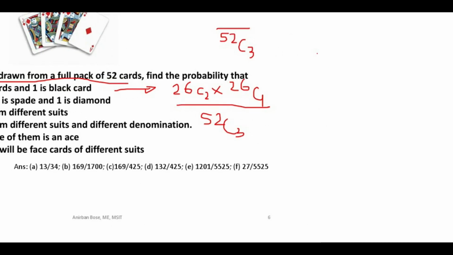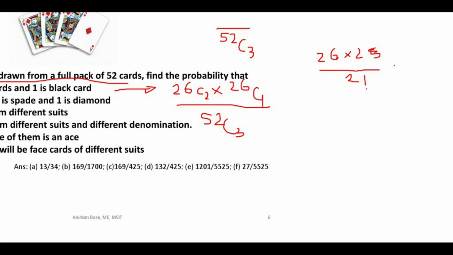Just remember that when 26C2 is written, we write 2 terms starting from 26: 26 into 25, divided by 2 factorial, and this 2 factorial is nothing but 2.